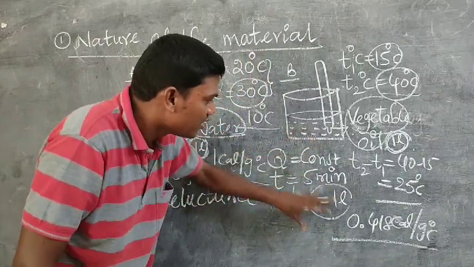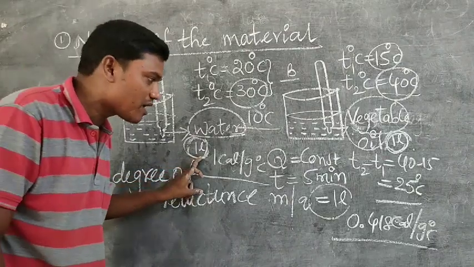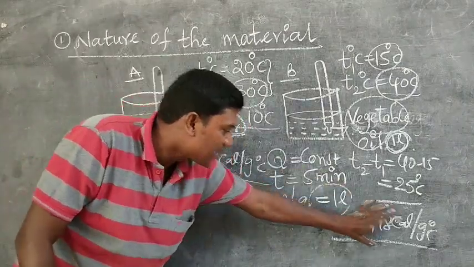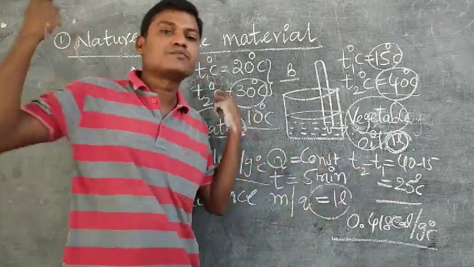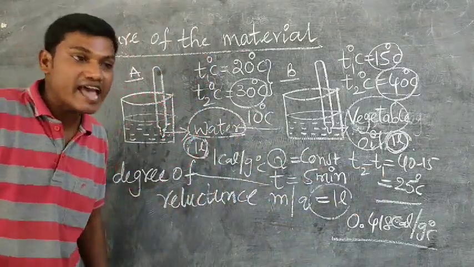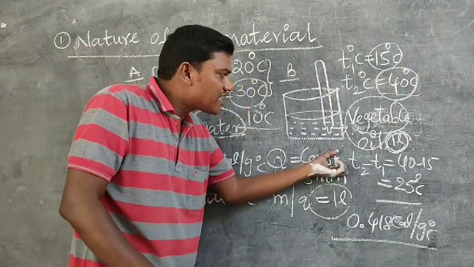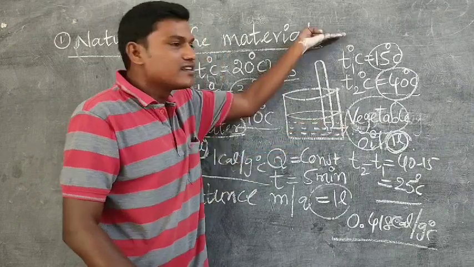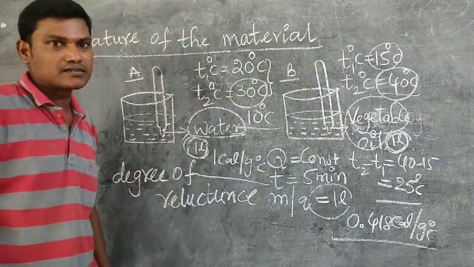But in case of oil, the specific heat is lesser than water. That's why specific heat is less, degree of reluctancy is also less. Due to that, it absorbs more heat energy, and its temperature quickly reaches a higher value when compared to the water.